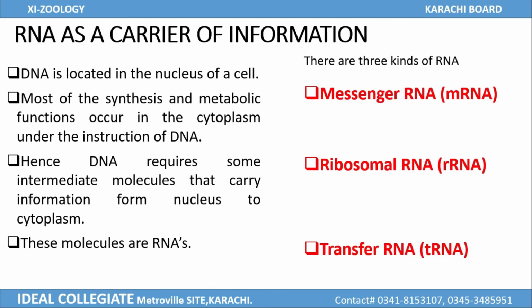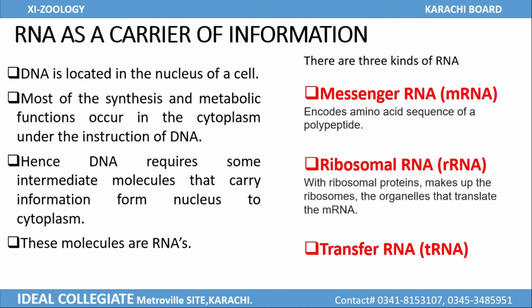RNA is of three kinds: messenger RNA, ribosomal RNA, and transfer RNA. Messenger RNA is a fragment of RNA which is formed from the DNA in a nucleus, and this messenger RNA contains a message, a sequence of amino acids, which is then transferred into the cytoplasm, where the messenger RNA is attached to the ribosome.